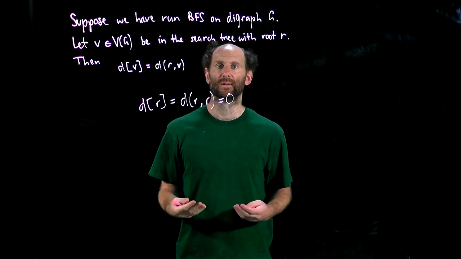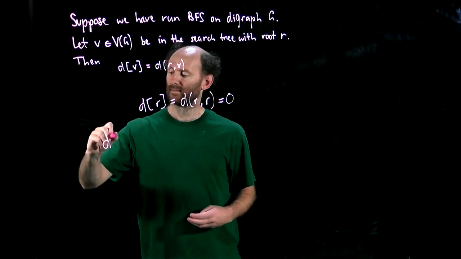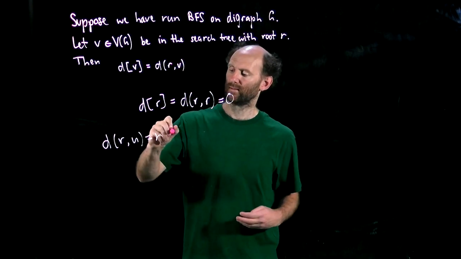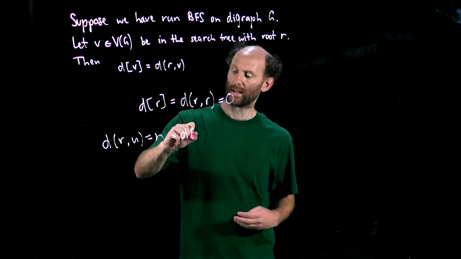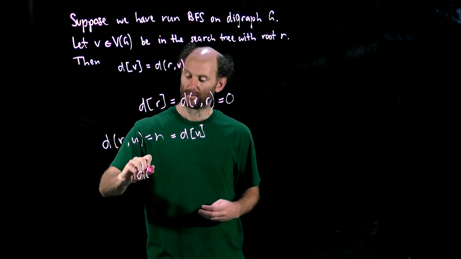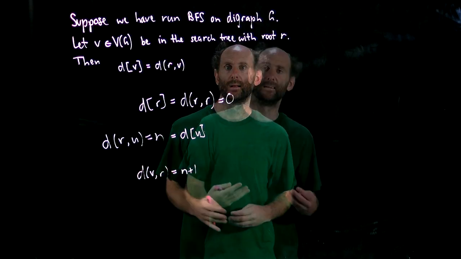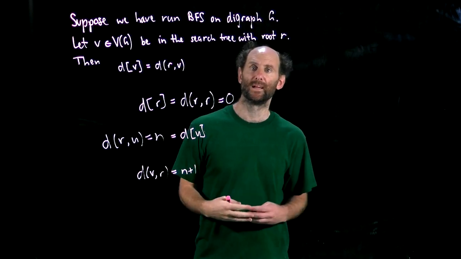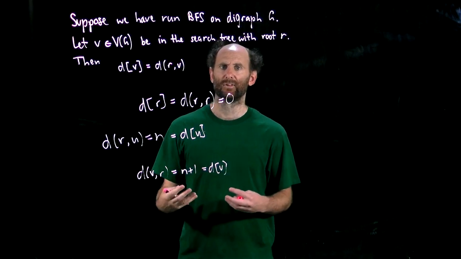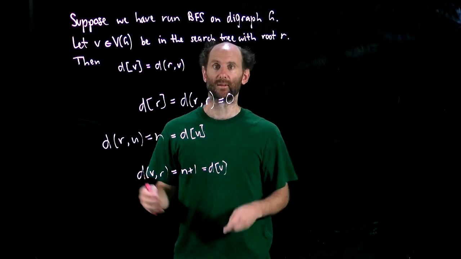The induction assumption is then that the result is true for all nodes U where the distance from R to U is n, and so the induction assumption is that that's just the depth of U. Then there's a little bit of work to show that if the distance from R to V is n plus 1, then that's the depth of V in the search tree, so that's D of V. And there it's easy enough to show that you get a contradiction if this were not true. You contradict this assumption here.